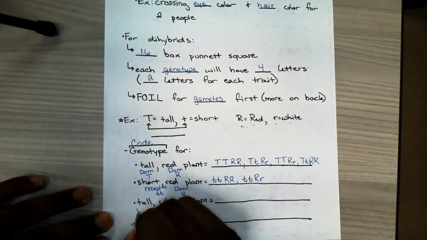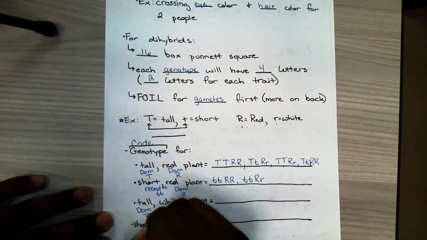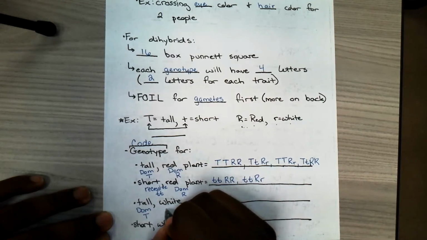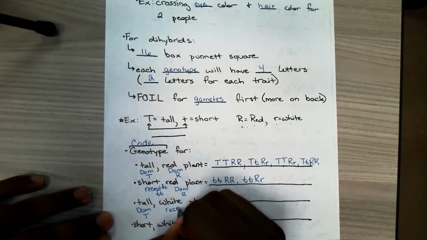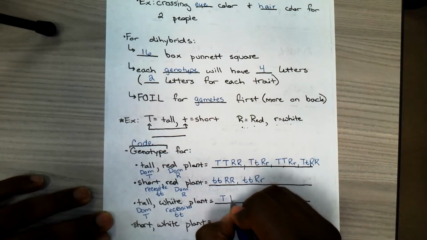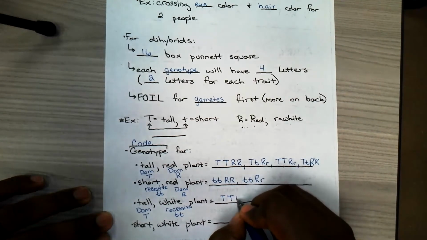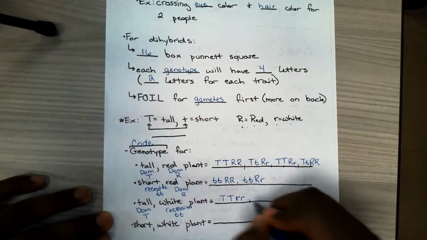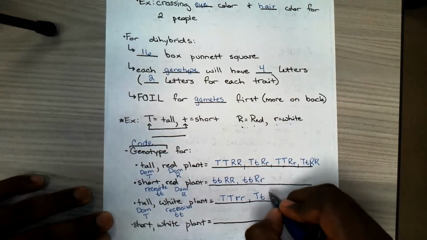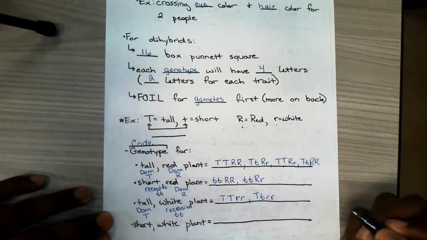Tall plant, dominant, big T. Recessive will be our white plant, recessive. So it has to have 2 little r's. So our combinations are big T, little r, little r. Then, of course, big T, again, little r.